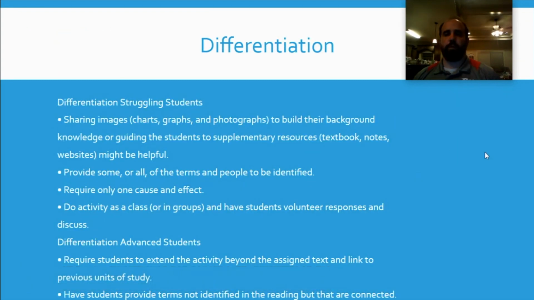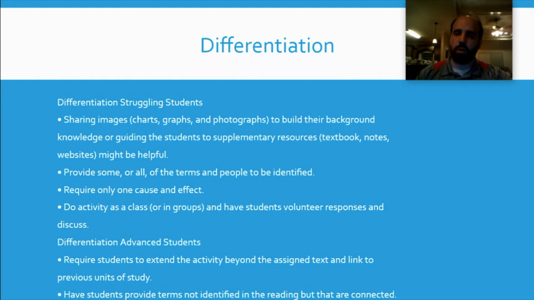Just some things you can do for differentiation. Sharing images, charts, graphs, photographs that build background knowledge so they can guide students, supplementary material that might help in analyzing and looking at the documents they're looking at and providing that background knowledge. You might, like we said in the 5, provide some or all of the terms.